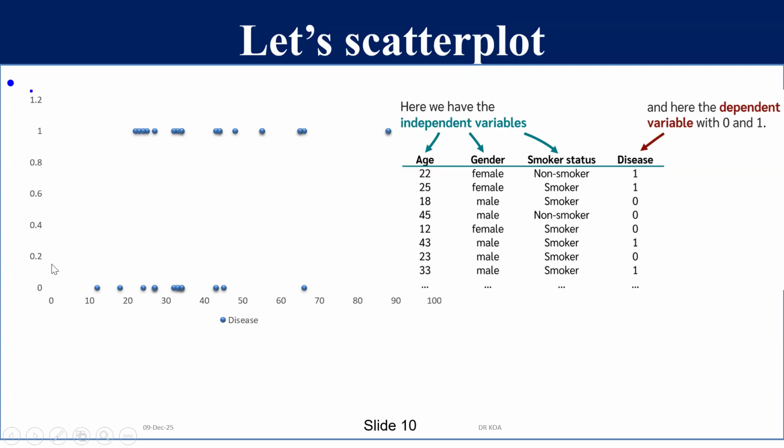Disease being 0, so you can see that the disease is 0 here, and then the not disease is 1 there. Now, why do you think that most of the data points are at the top here and at the bottom here, far top or far bottom, when I plotted the data?